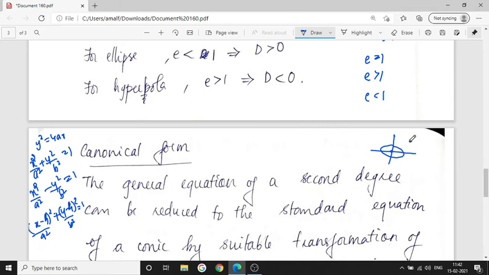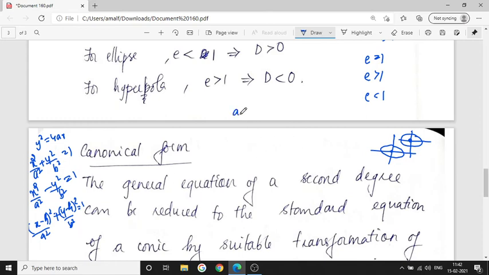The same conic has been shifted to hk. So here the major axis and minor axis will be parallel to the axes. Here the center is just shifted to hk. Okay, so we have seen conics like this.